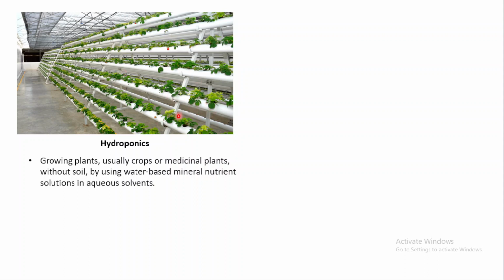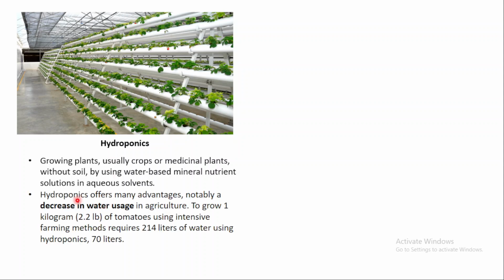So the plant can directly absorb through its root from the pipeline, and there is no need of soil. And this is such an advanced technique of soilless agriculture, and definitely it's very sustainable because hydroponics offer many advantages.